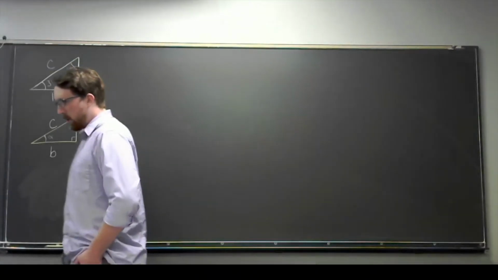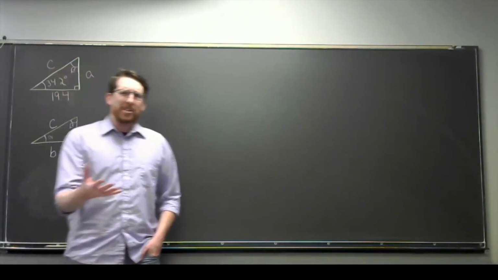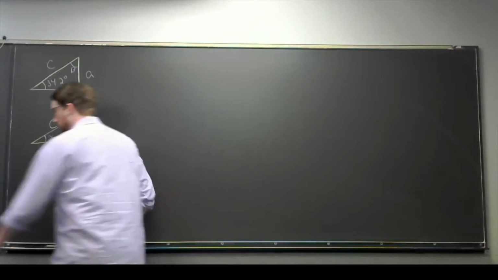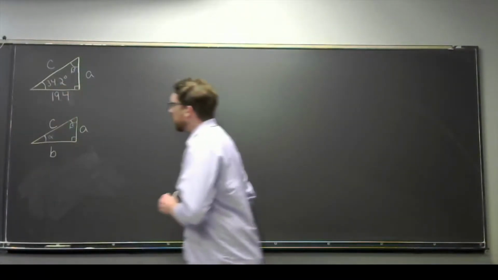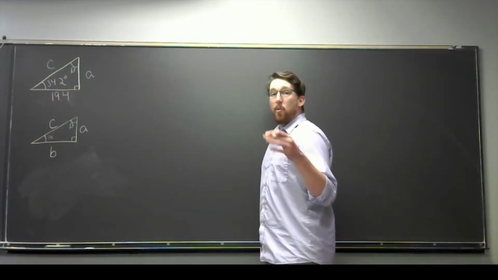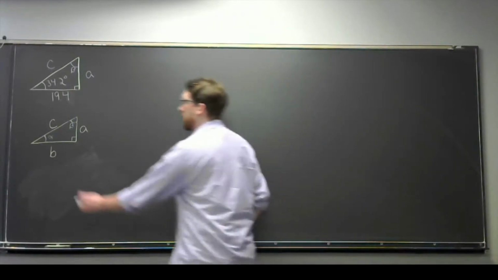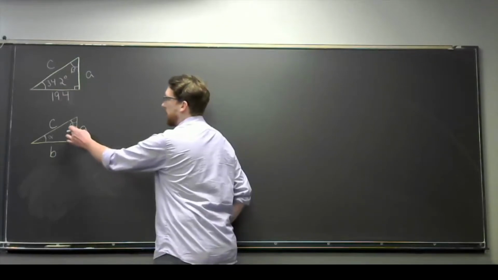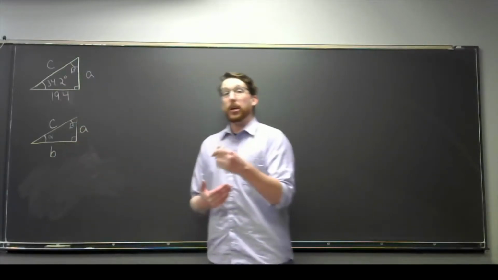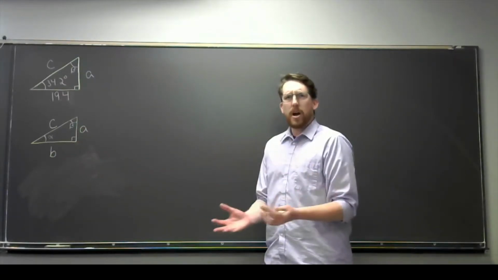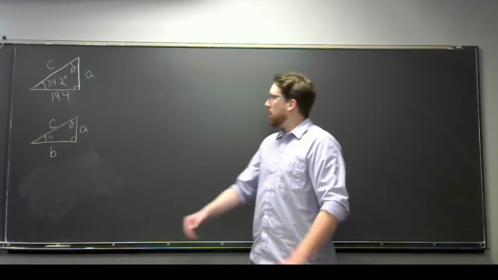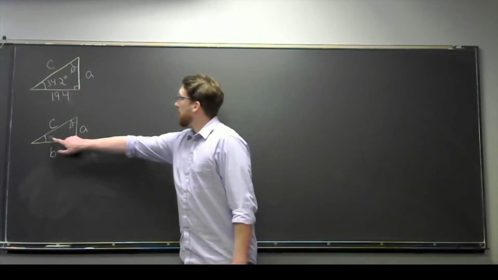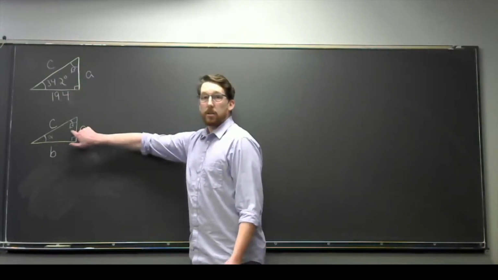Well, we can start by looking at the things we do know. What we know is that in a right angle triangle, these two angles are going to add up to 90 degrees. That's because in every triangle, all of your angles add up to 180. We already know this one is 90 degrees, so these two must add up to 90 degrees.